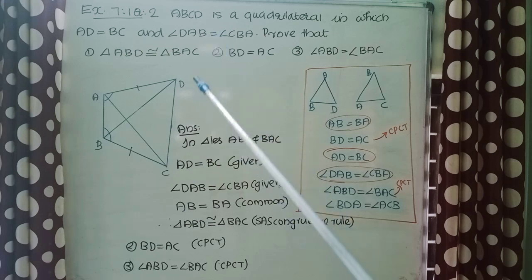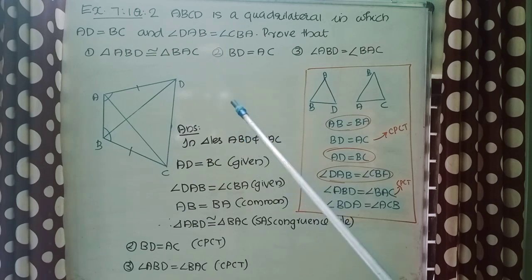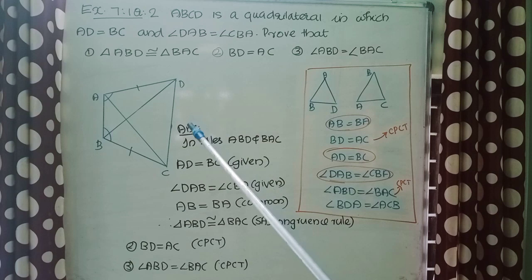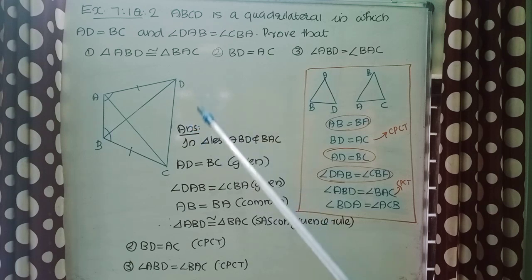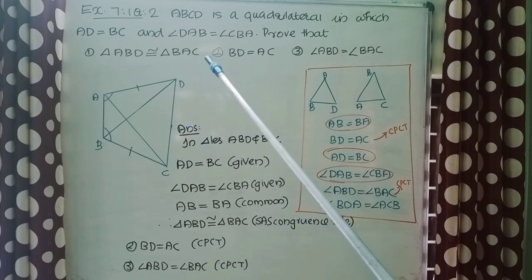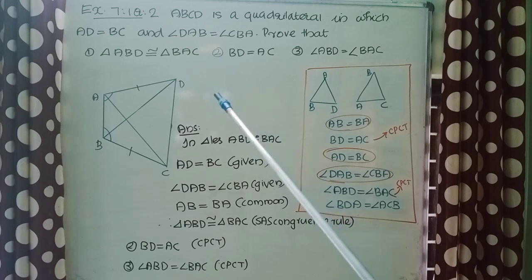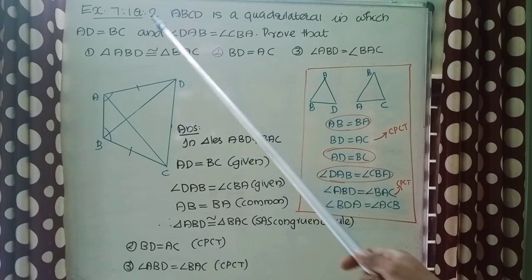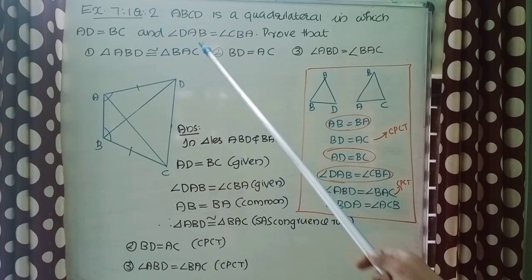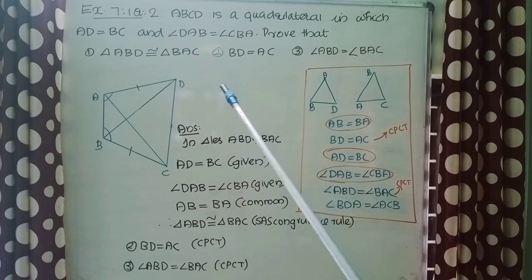And we have studied three criteria for congruence of triangles: SAS, ASA and SSS. So, by using any one of the criteria, we can prove the triangles are congruent.